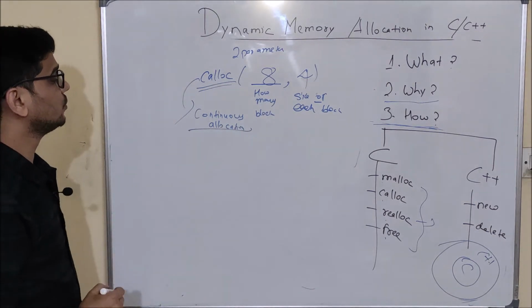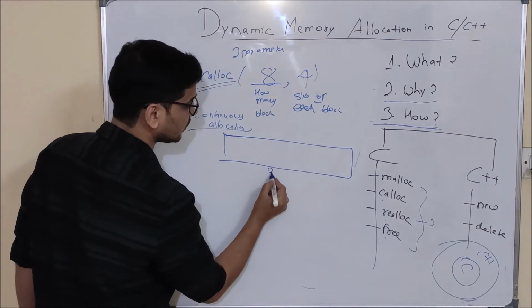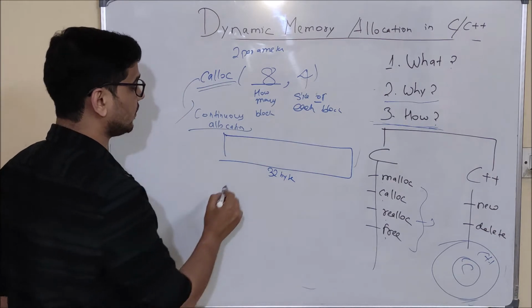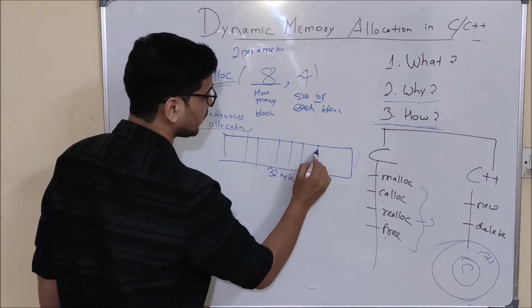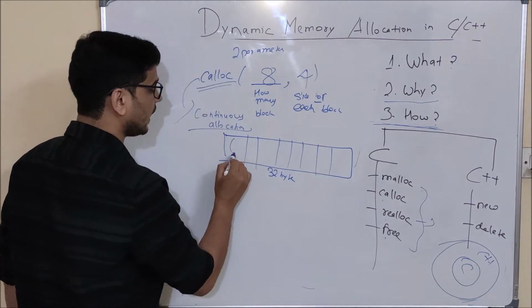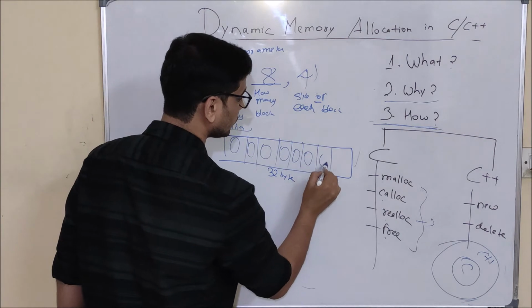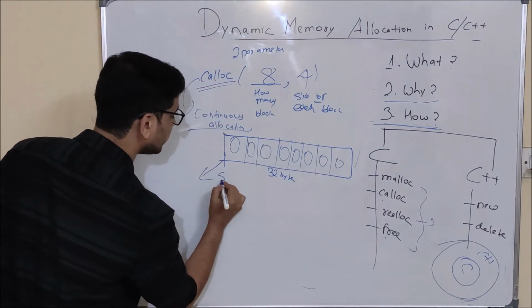So what is calloc going to do? Calloc is going to take a 32 byte memory block from our memory, divide it into 8 parts, initialize all 8 parts with 0, and return to us the starting address.